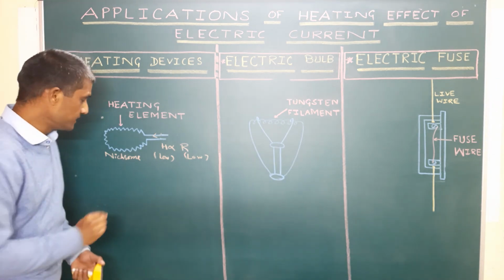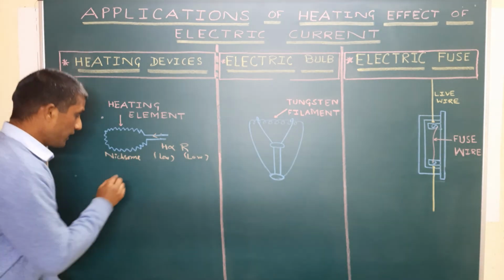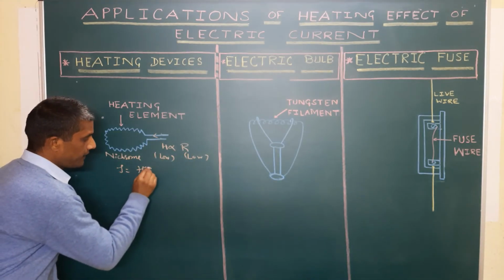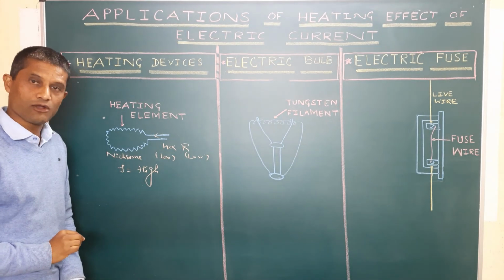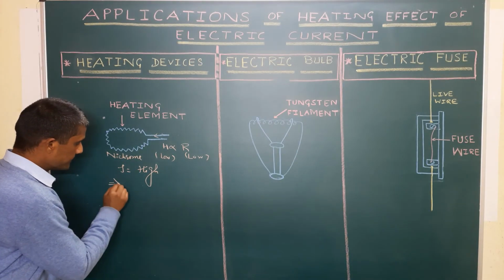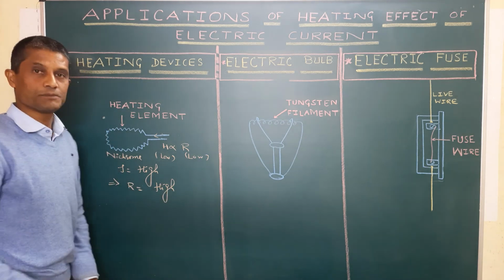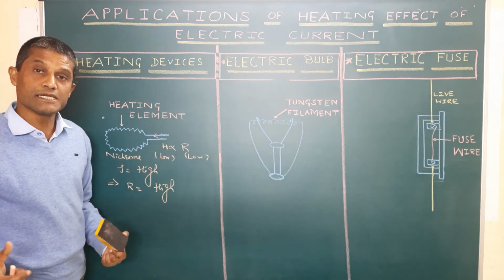then what happens? The resistivity of nichrome alloy is very high. This gives you resistance, and it means resistance is also going to be very high. Then what will it do?